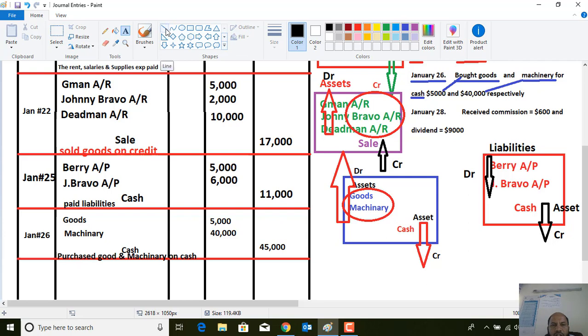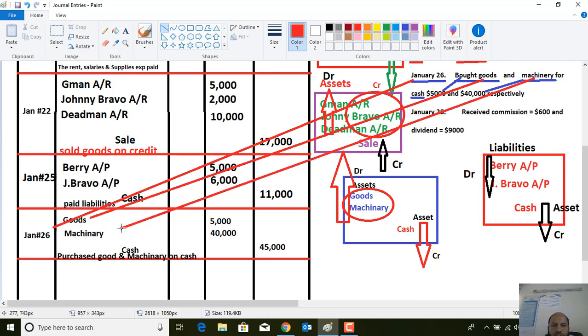For your further clarification, see, this is January 26. So on January 26 we purchased two things. We purchased goods and also we purchased machinery.